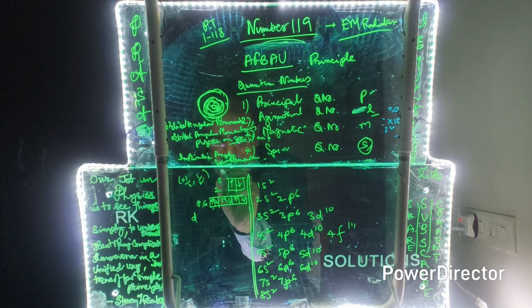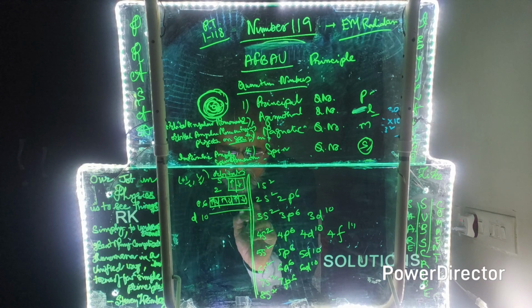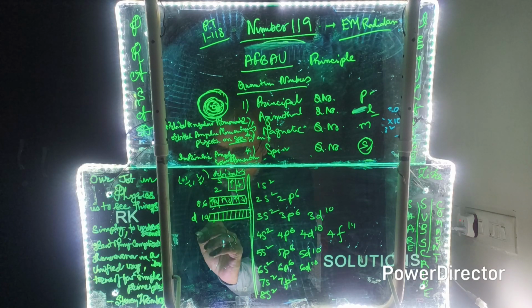These, by the way, are called orbitals. D can house up to 10, like 1, 2, 3, 4, 5, and 10, up down like that. F orbital can house up to 14.